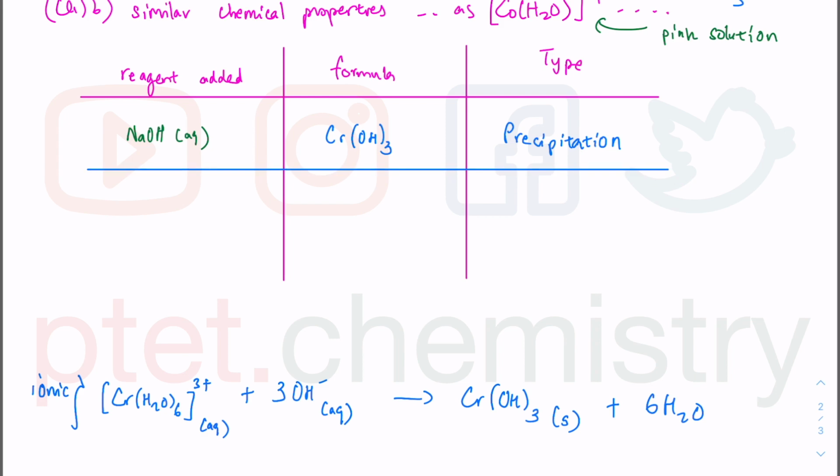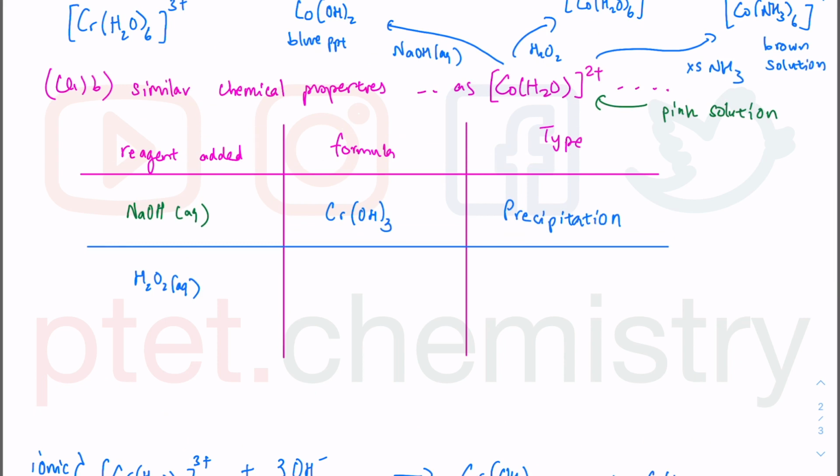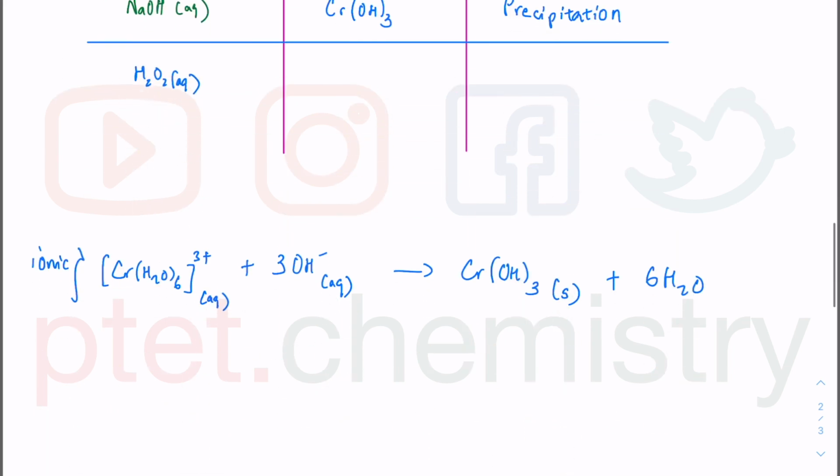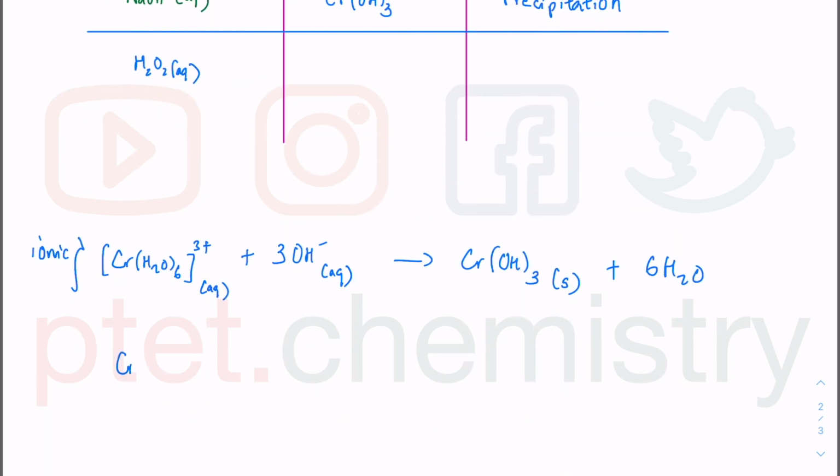Okay, to the next one, which is H2O2 aqueous. This could be an oxidizing or reducing agent in the context of chromium 3 plus. We know that it will actually go to chromium 6 plus. If you look at the E naught value for chromium 3 plus aqueous, if you want to go to a higher stable oxidation state, you just have to look in the data booklet.